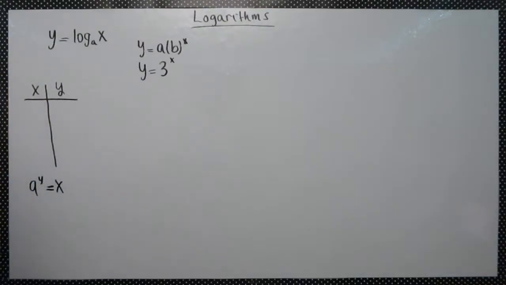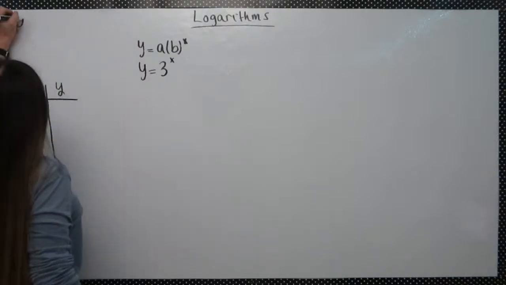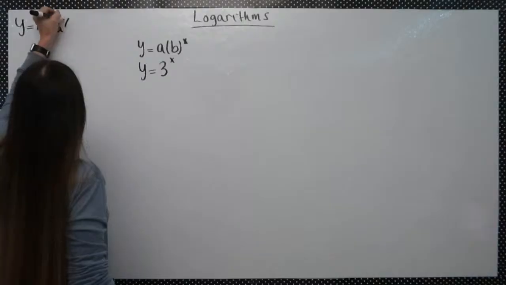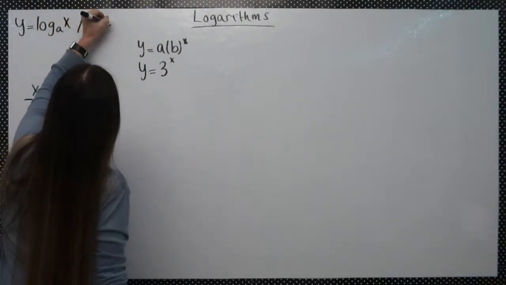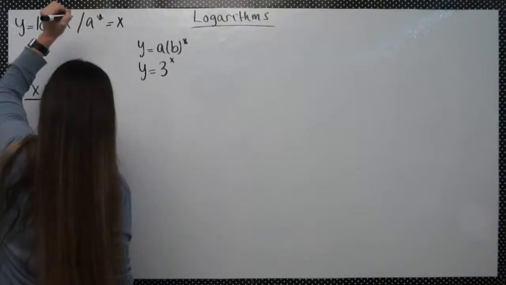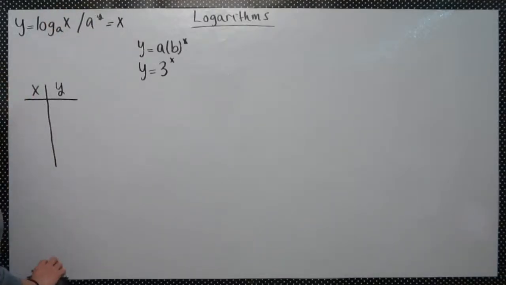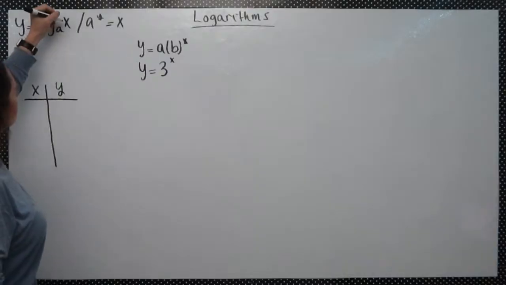And let's scoot this whole thing over. y equals log a x, a to the y equals x. Yeah, that's what I want to say. Okay. So basically what this is saying is this is log base a of x.